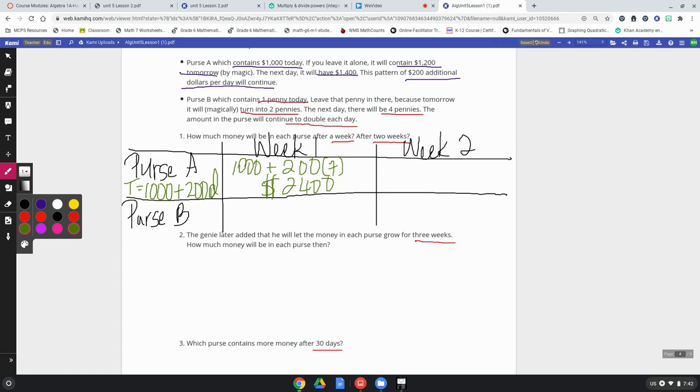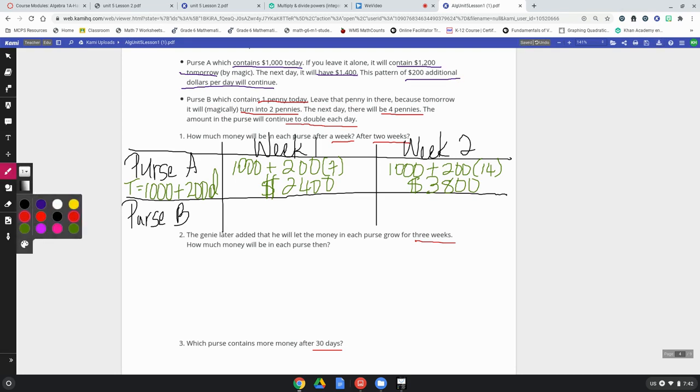If every week is going to be $1,400, week 2 will be $3,800. I can confirm this using our formula: 28 plus 1,000, so that will be $3,800.